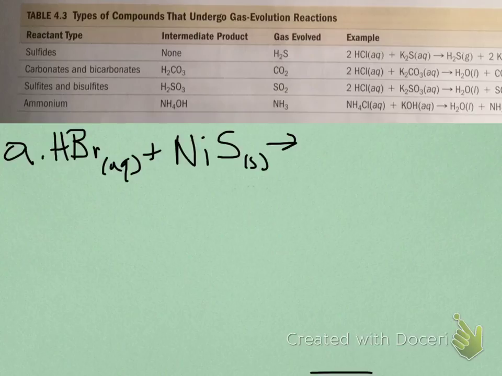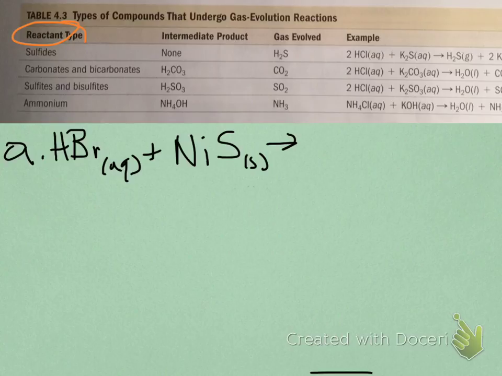So the first thing you should do is look at table 4.3. These are all types of compounds that undergo gas evolution reactions. So when we're given our A, all we need to do is identify which of these compounds, which reactant type we are actually going to use. So in A, we have HBr and nickel 2 sulfide.